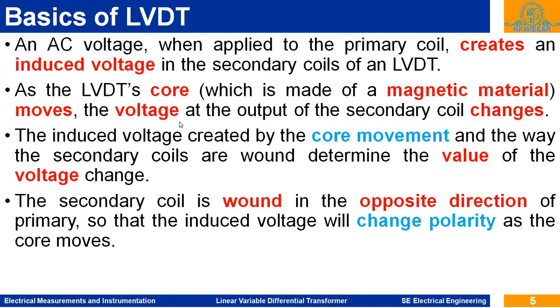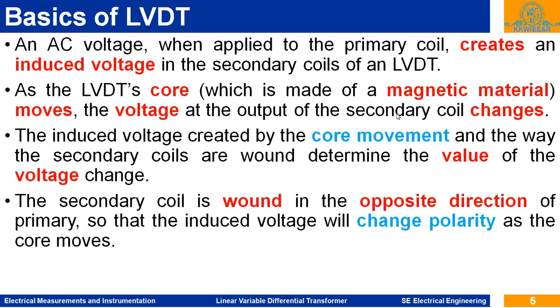So in the transformer there is a core. Generally these are hollow air core coils, primary and secondary windings, and between these coils the core is placed.